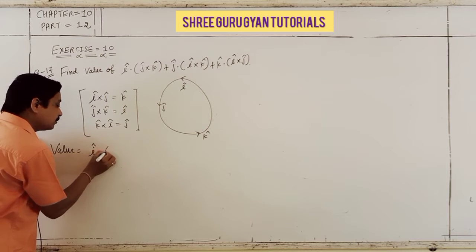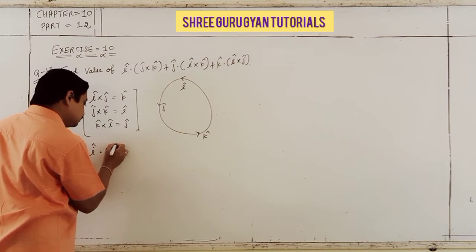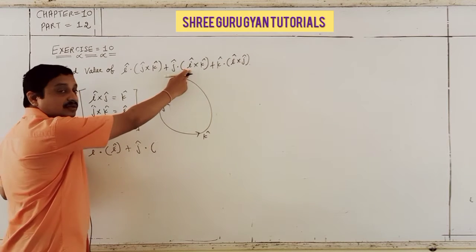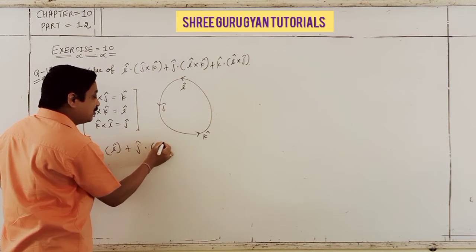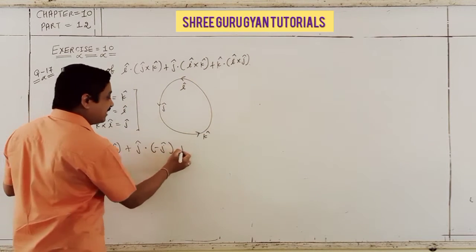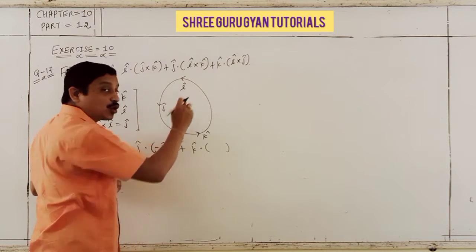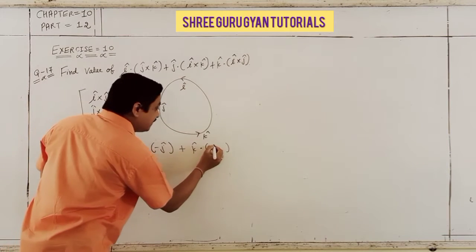i dot j cross k, which is i, plus j dot i cross k. i cross k is the reverse, so I write down minus j, and at the end of the last term, k dot i cross j, i cross j is k.